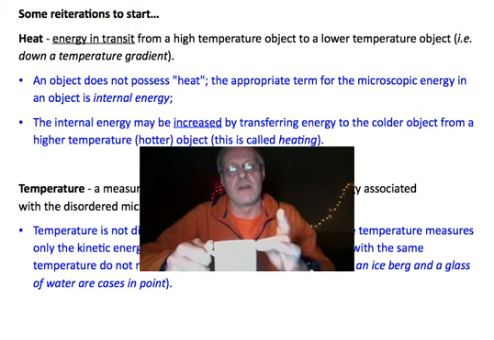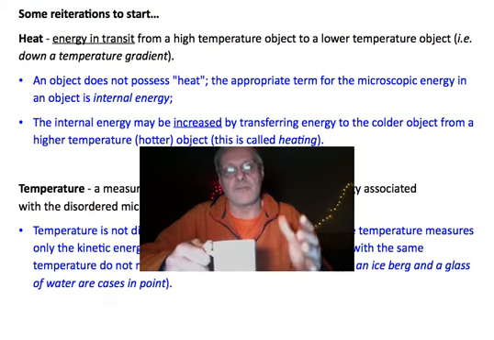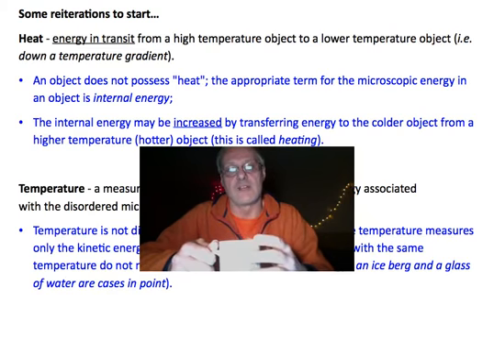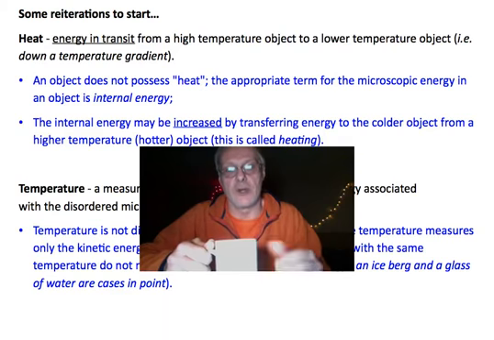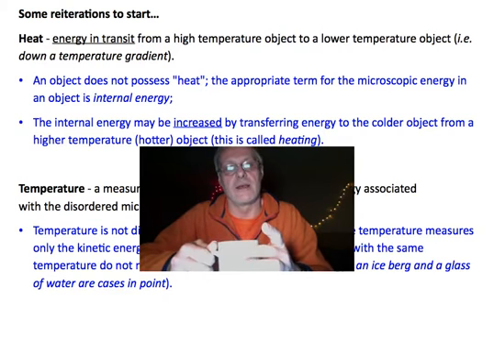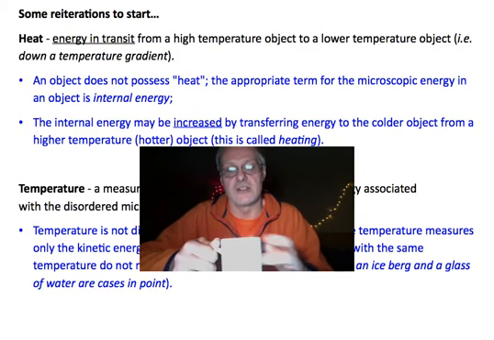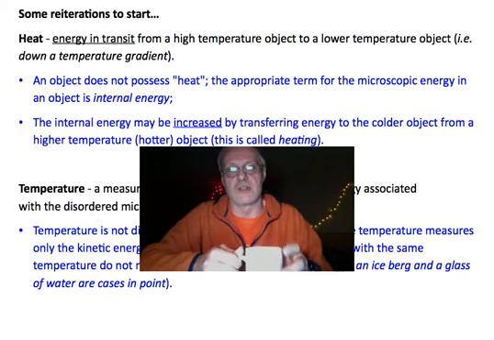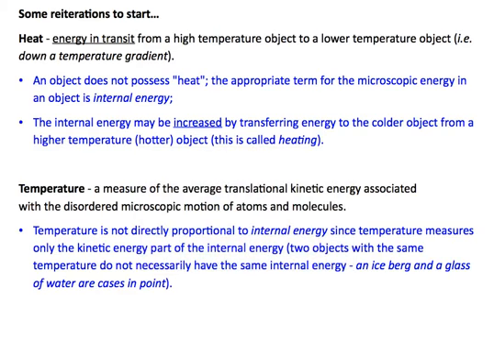It's being transferred to the container, which started out colder. But the transfer went down that temperature gradient to a substance of lower internal energy, and as the heat was transferred, the internal energy increased, and a component of that internal energy increase was the kinetic energy, so that's why it gets hotter. Okay, so that kind of nicely shows heat transfer.